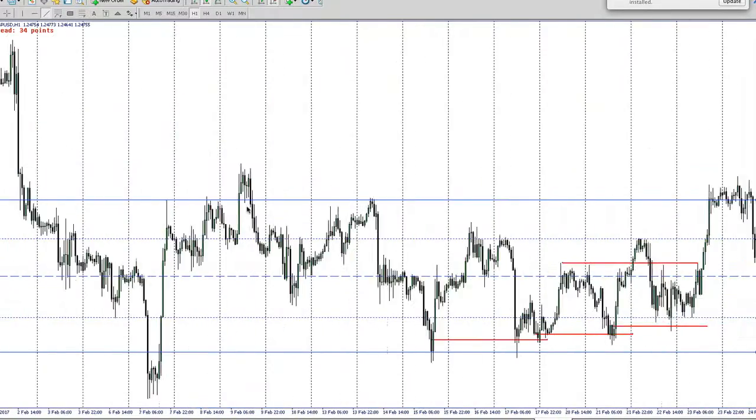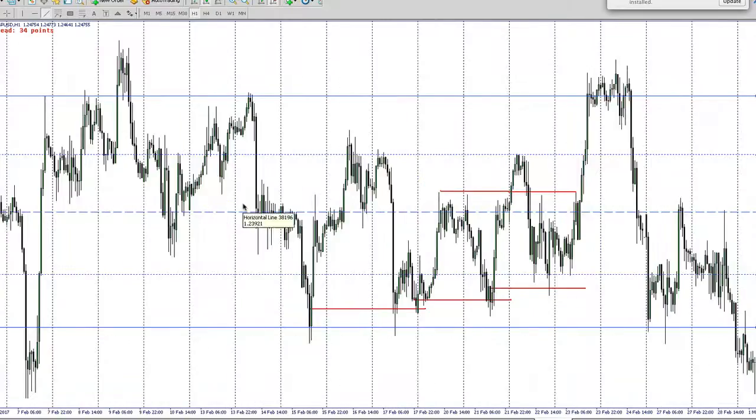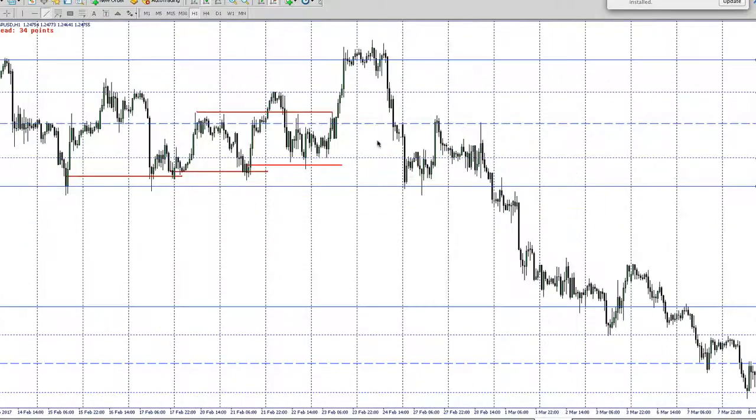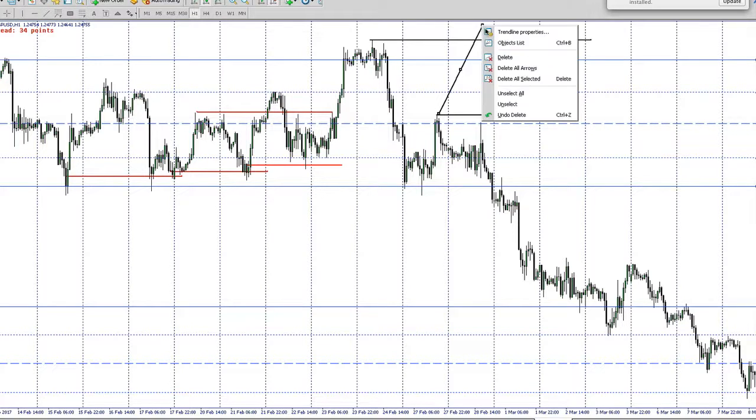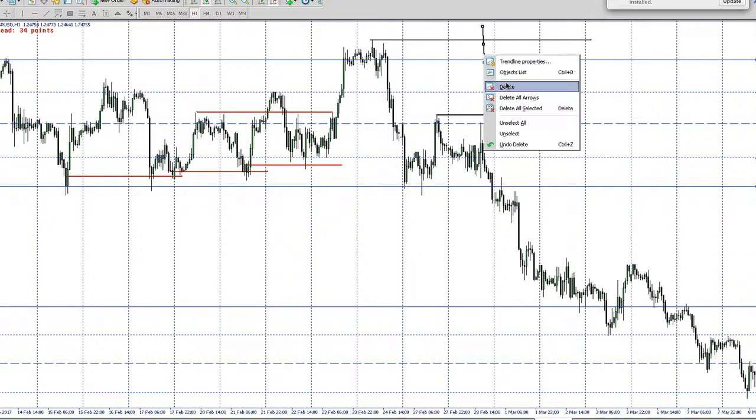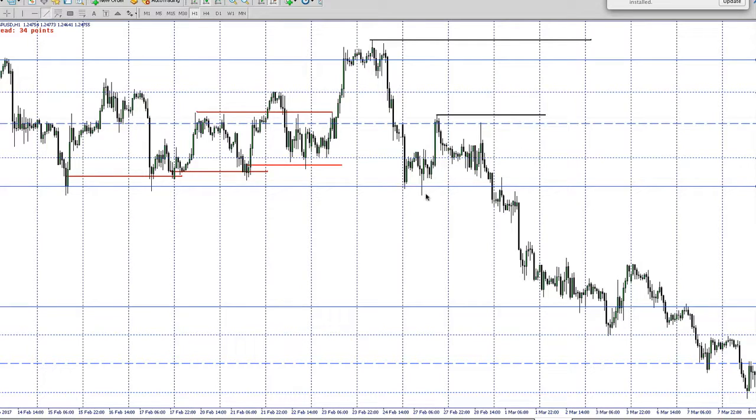So we're in a range again, and then look, we can draw this one, we can draw this one, and if price came out and down and up, then yeah, it's broken upwards. But no, price went out, and don't sell it straight away.